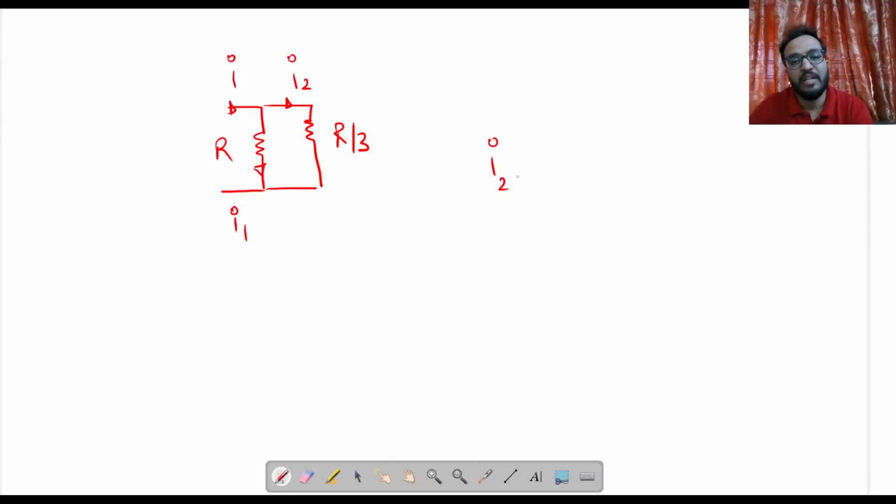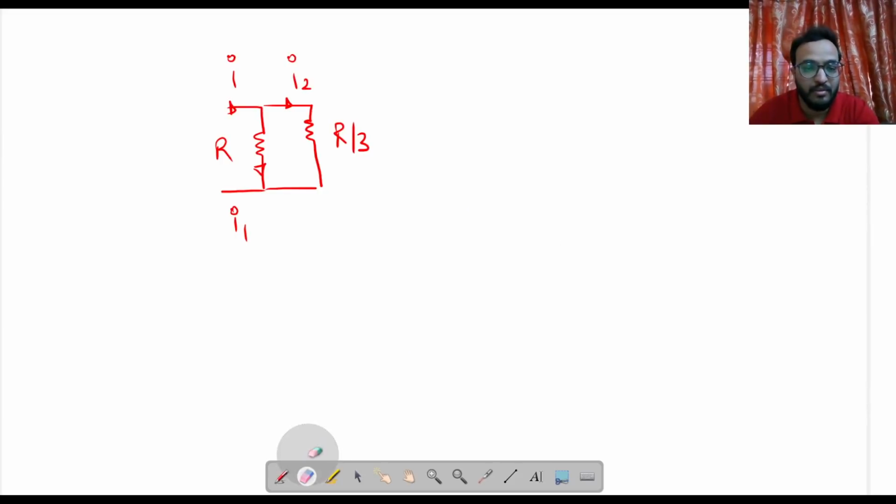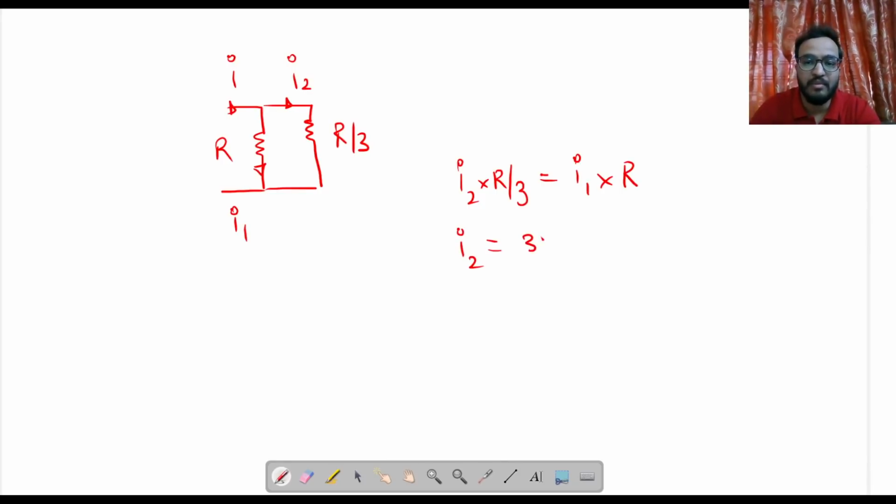The current will be in the inverse ratio of the resistances, right? So you can apply the logic: I2 into R by 3 is equal to I1 into R. So I2 is equal to 3I1, and we know that I1 plus I2 is equal to I. What is I1?